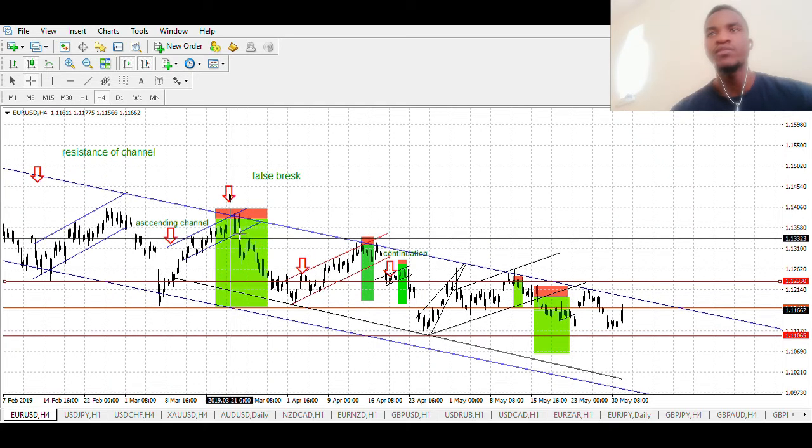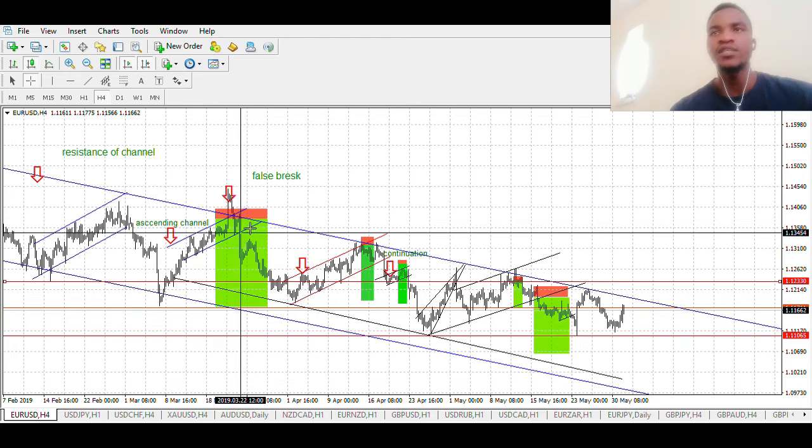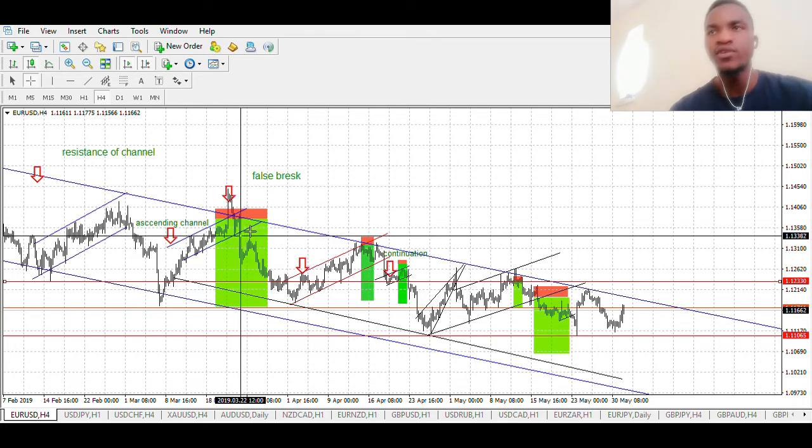So the profit target now is from the resistance, when price is going down. This is the support all in all. From the resistance, you take your profit target from here going downwards to 1600. From here to 1600, that's pretty much here.